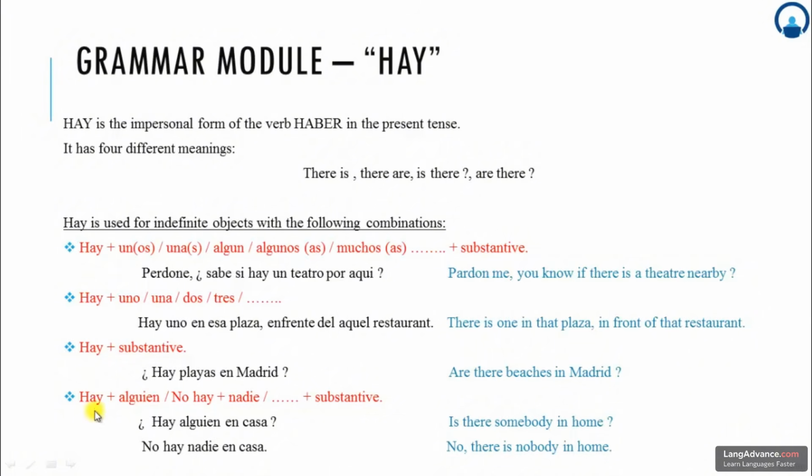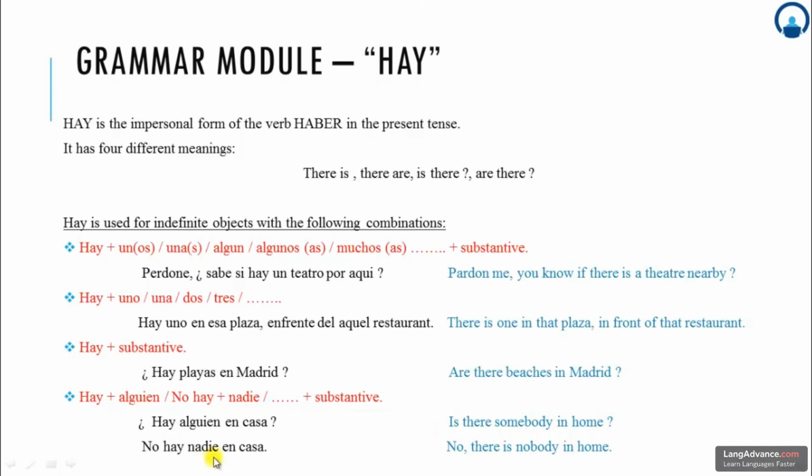The last condition is hay plus alguien, or no hay plus nadie. Alguien means somebody, and nadie means nobody, plus some sentence. ¿Hay alguien en casa? Is there somebody at home?